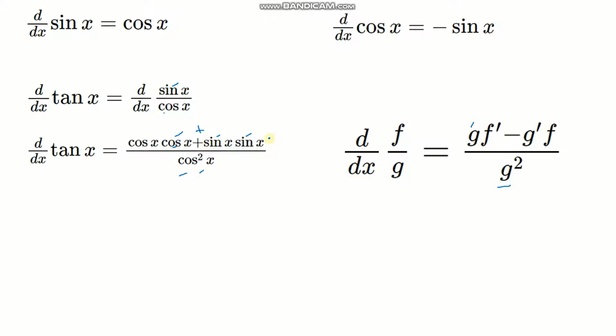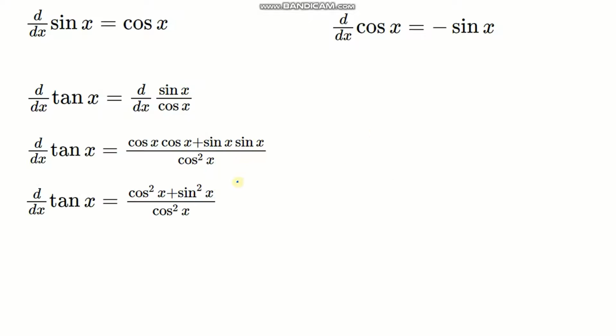So the derivative of sin x over cosine x is cos x times cos x plus sin x times sin x, all over cosine squared x. In the numerator, we have cosine squared x plus sin squared x. The denominator is still the same, cosine squared x.